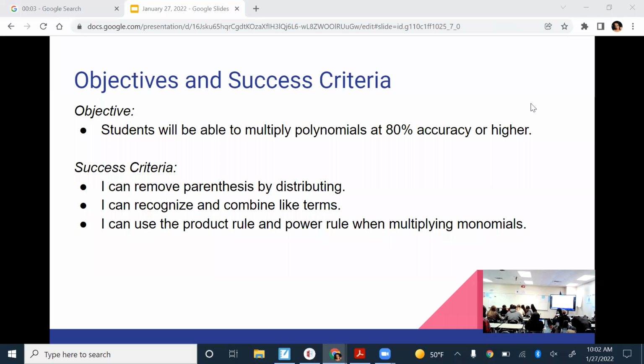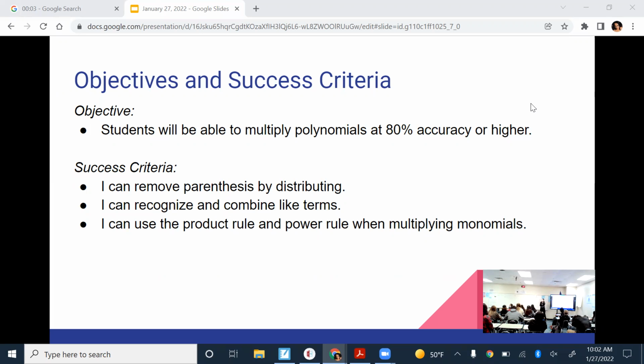We're starting the 6-2 lesson so that we can stay on schedule to take your topic test on February 8th. So still a little ways away. Today we're going to learn how to multiply a monomial by a polynomial. A lot of the success criteria is stuff you've done all year, so I have faith in you.